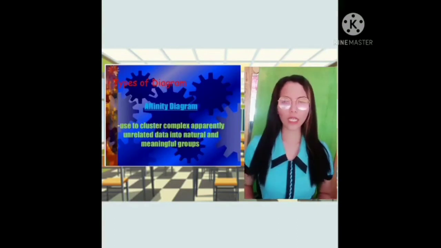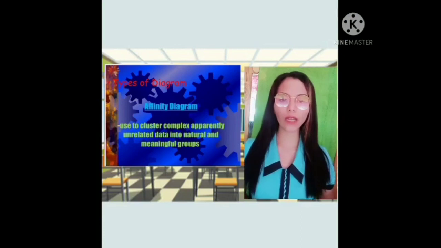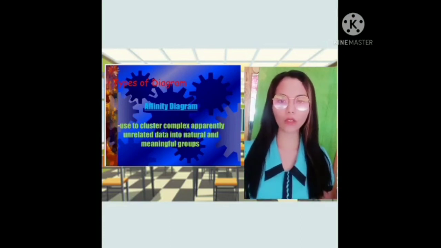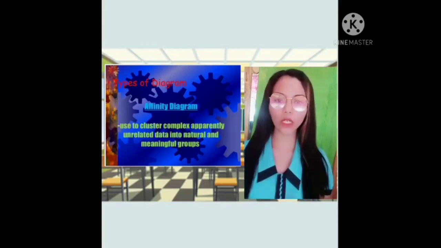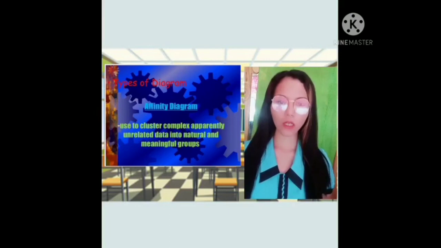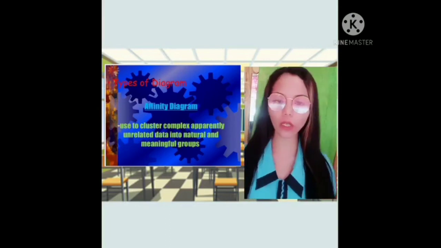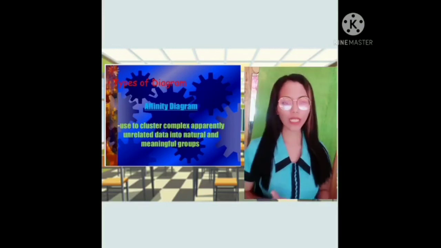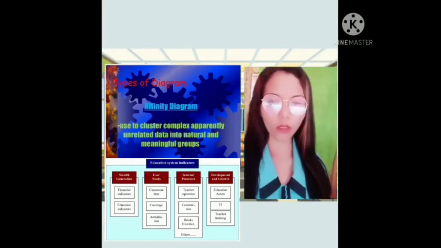When we say affinity diagram, it is a tool that gathers large amounts of language, data, ideas, opinions, and issues, and organizes them into groupings based on their natural relationships. The affinity process is often used to group ideas generated by brainstorming. An example of an affinity diagram is the education system indicators.